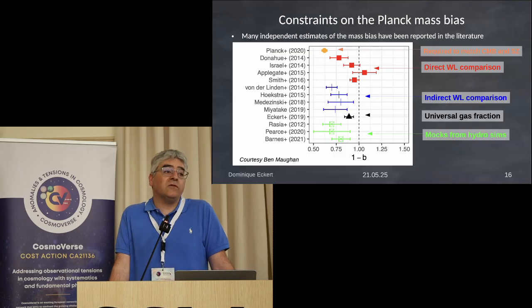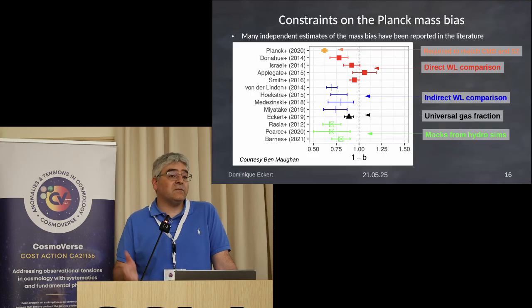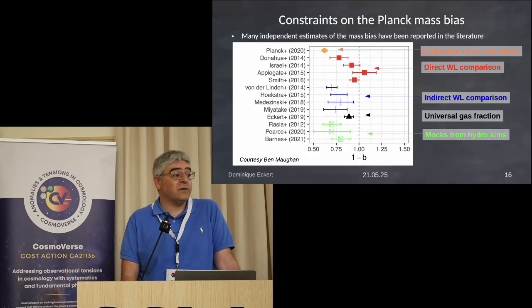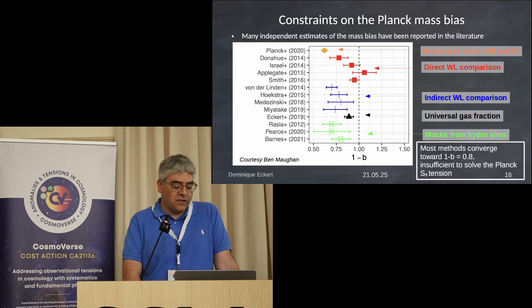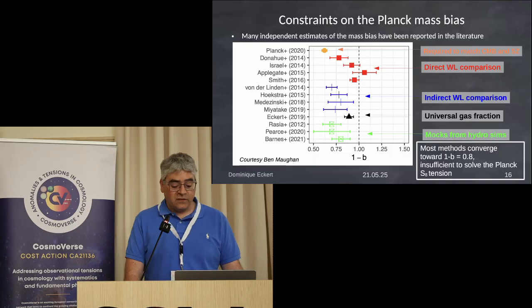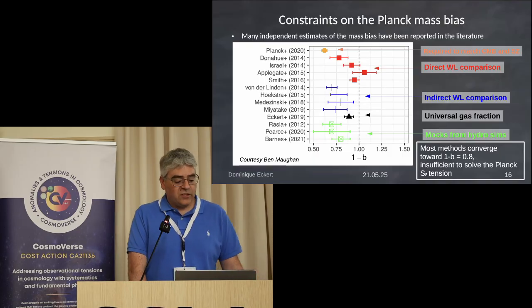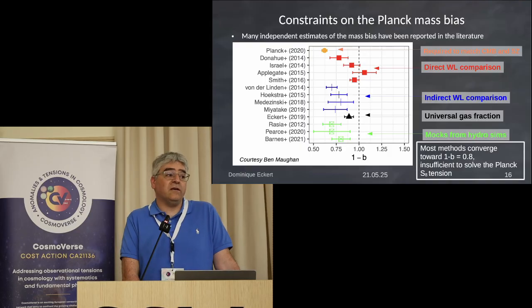And then finally, you can also just create mocks from hydrosims, so that's what we heard this morning, and estimate what this mass bias should be according to hydrosimulations. Generally speaking, there is a bit of scatter, but most of these methods converge toward the value of 0.8, which is higher than what you would need in order to reconcile CMB and cluster counts.